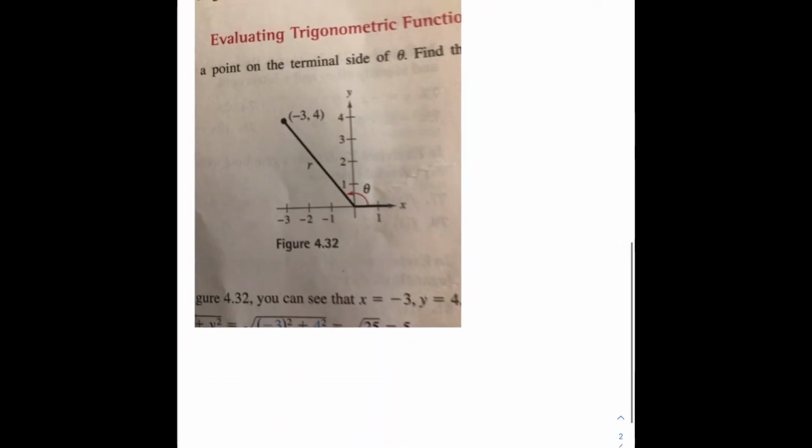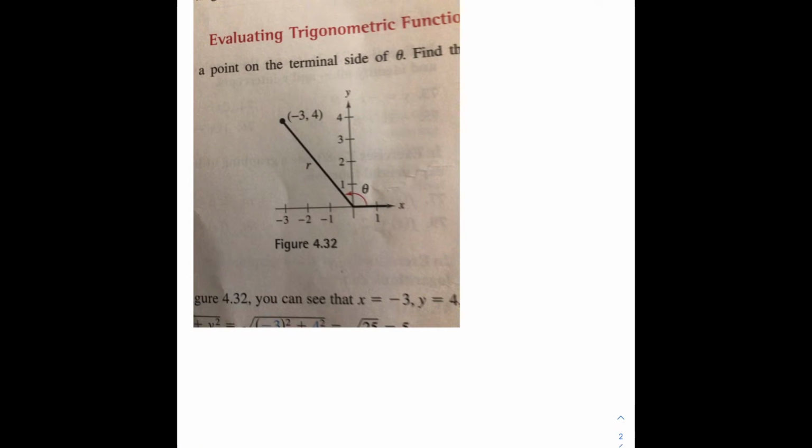If we look at an example, our point is at -3, 4. If you think about how it goes, cosine theta, sine theta, our cosine is in our x categories and our sine is in our y's. So when I look at this, I don't quite know what r is, but I know that this is going to be my x, which is -3.